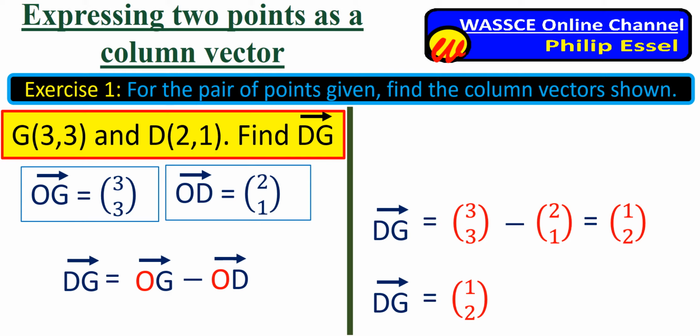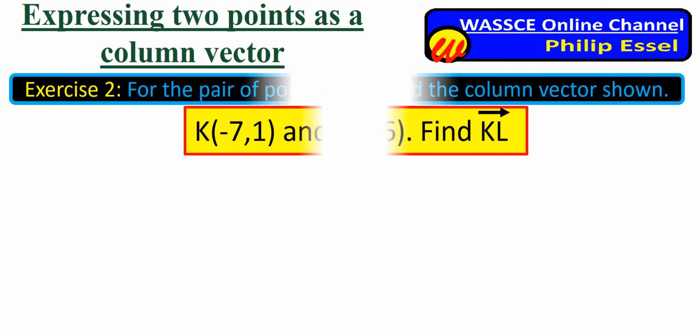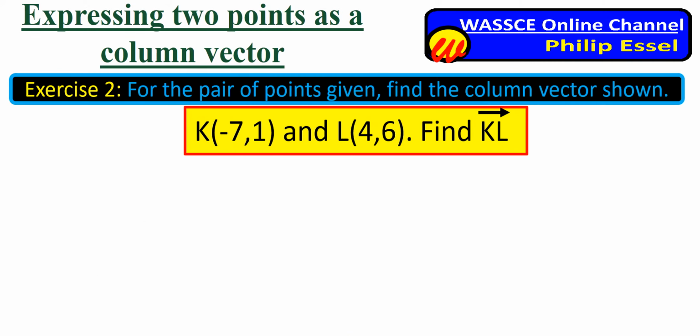Let's look at example 2. Example 2. For the pair of points given, find the column vector shown. The point K is (-7, 1), and the point L is (4, 6), and we are to find the vector KL.